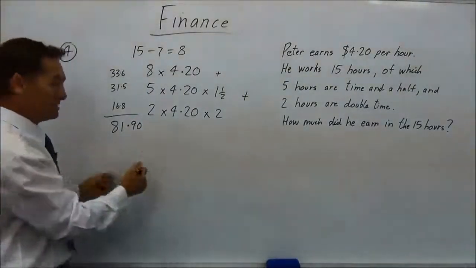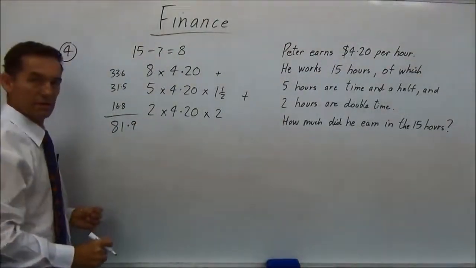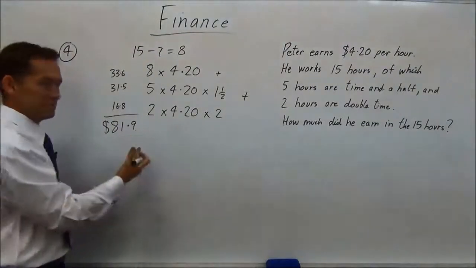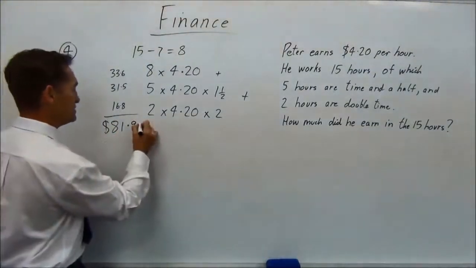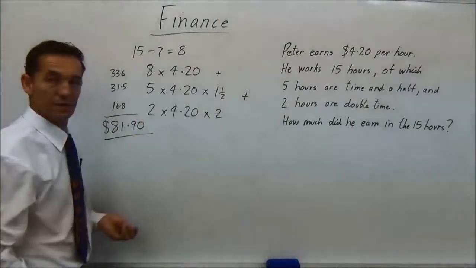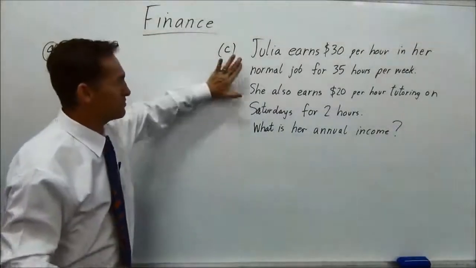Okay, so how much did he earn? He earned that. That will come up on your calculator like that. You can't answer like that, even if you put a dollar sign there. There's no such thing as 0.9 in an answer. You should write 90 cents. Okay, so your answer should look like that. And you're done.